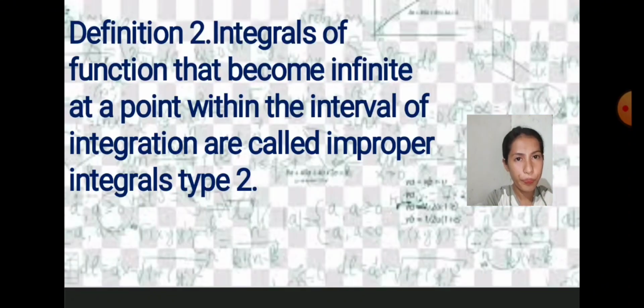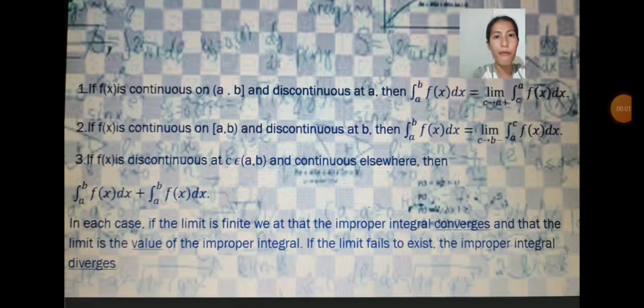Definition 2: integrals of functions that become infinite at a point within the interval of integration are called improper integrals of type 2. First, if f(x) is continuous on (a, b] and discontinuous at a, then the integral of f(x) dx from a to b is equal to the limit as c approaches a from the right of the integral of f(x) dx from c to b.